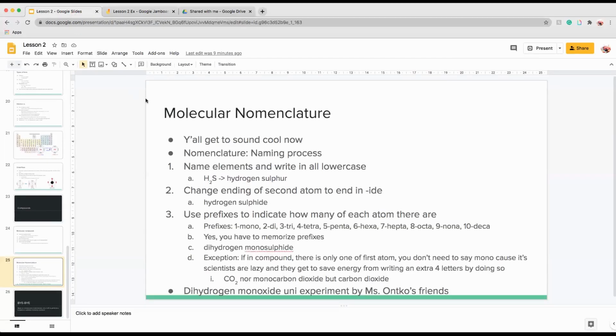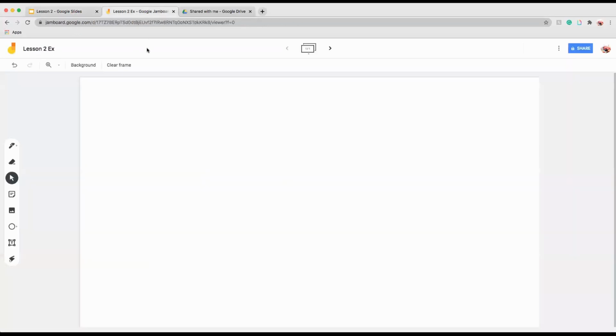The teacher actually said they use this every year. It's methane, CH4. That is the proper name. So if you ever see it, you put methane. You don't put carbon tetrahydride. If someone has a common name, that's its quote-unquote real name.